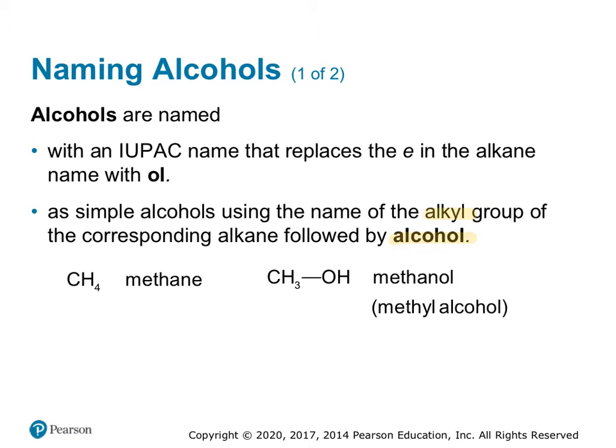So for this alcohol here we see methane, with CH3 changing to methanol, and that's the IUPAC name. And a more common name for these simpler alcohols, here's a methyl group and here's the alcohol group, so it's known as methyl alcohol.